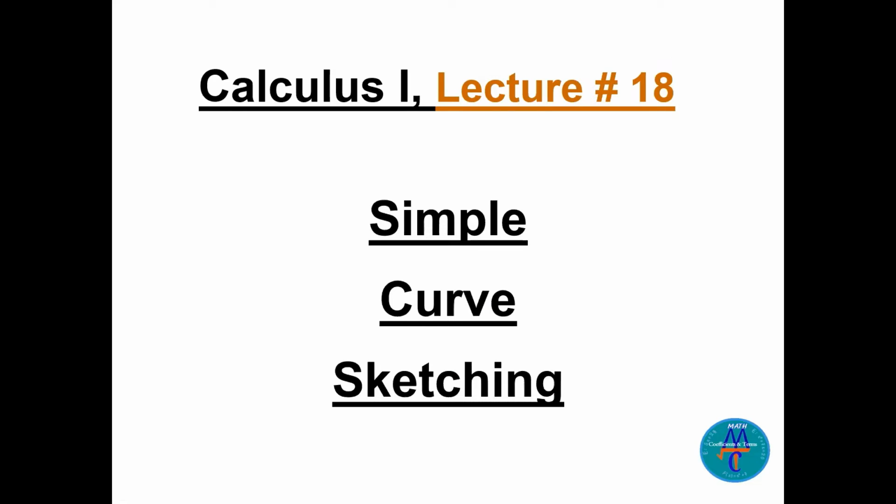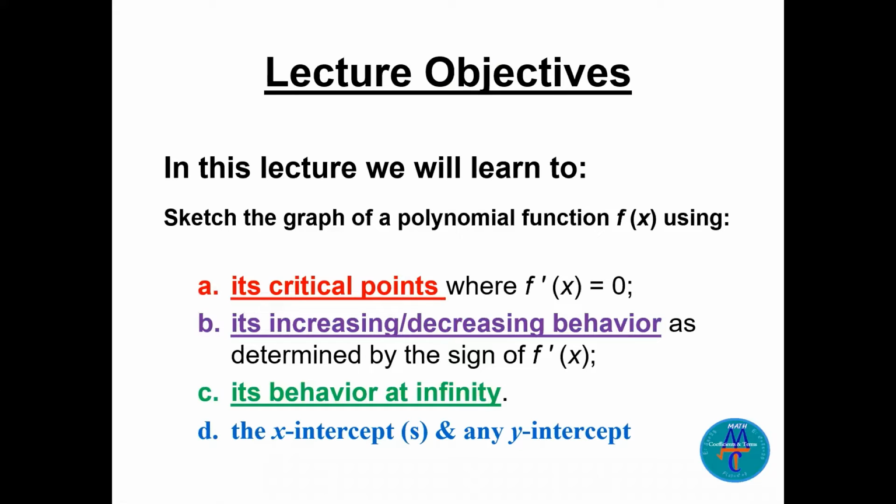This is lecture number 18 of the Calculus 1 lectures, Simple Curve Sketching. Later, in lecture number 20, we will see more curve sketching, more difficult questions to graph. The objectives here in this lecture will be finding the critical points of the function where f prime is equal to 0.